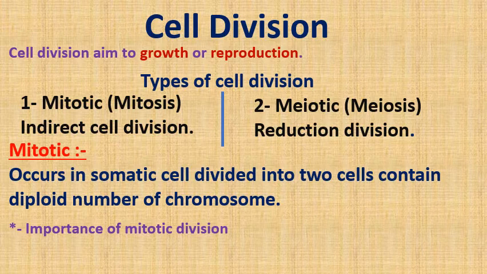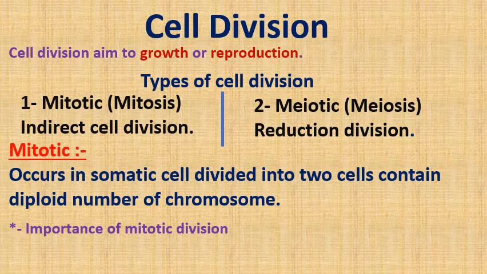Okay, so mitotic cell division occurs in somatic cell, by which each cell divided into 2 new cells. Each new cell contains diploid number of chromosomes. The importance of mitotic division. Number one, mitotic division helps to compensate the damaged cell.